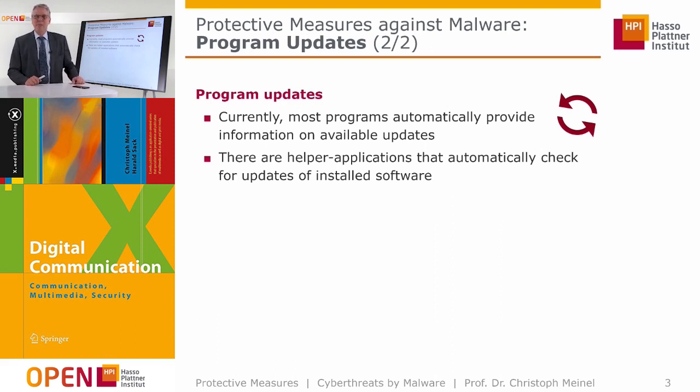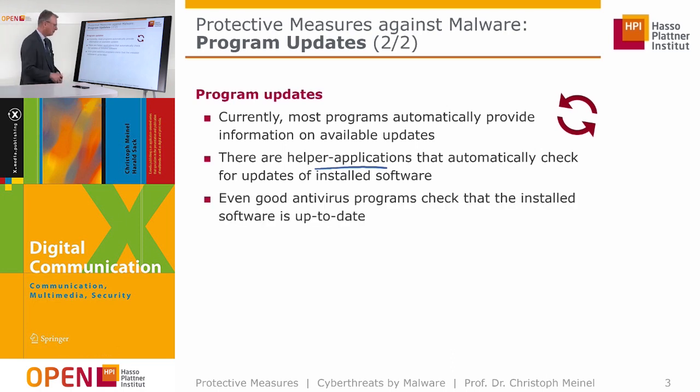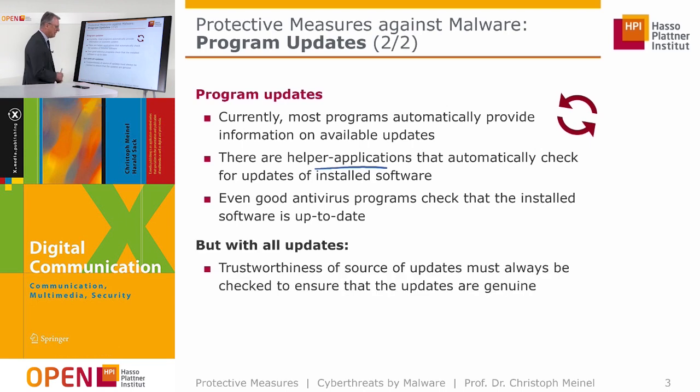There are also helper applications that automatically check for updates for the installed software on your computer. Antivirus programs also check whether installed software can be updated. So information is available, and you should follow the advice as soon as there is information that the program needs to be updated.